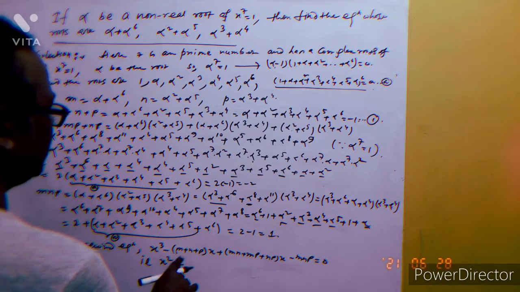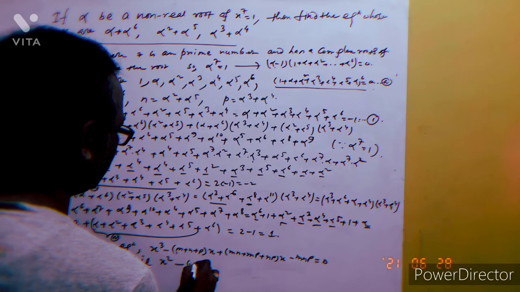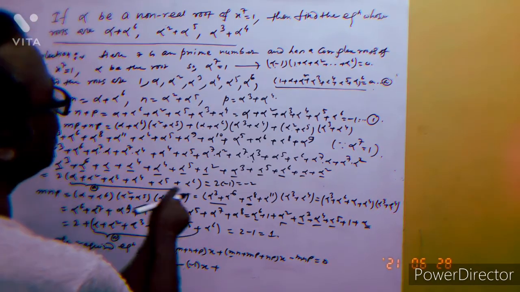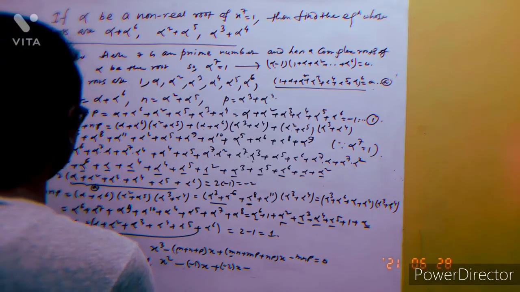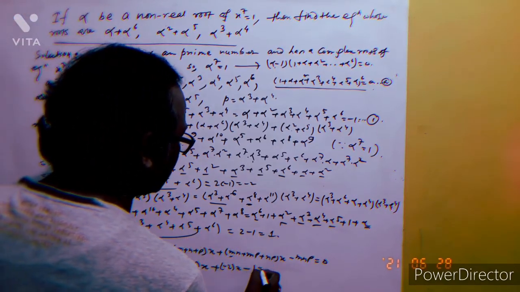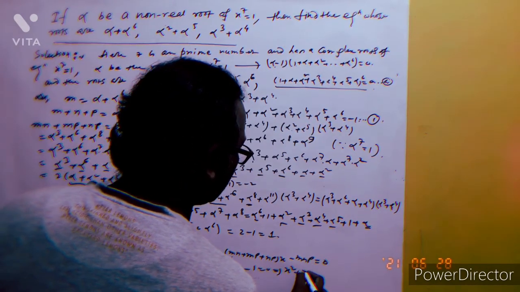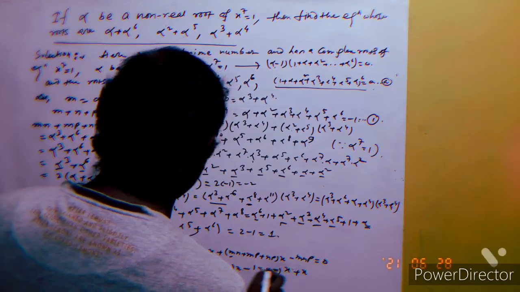The value of sum of these three roots we got here is minus 1 into x, and this is here minus 2. Okay, and this is here 1 equal to 0, and that is x square plus x, this is x square, and this is your x cube.